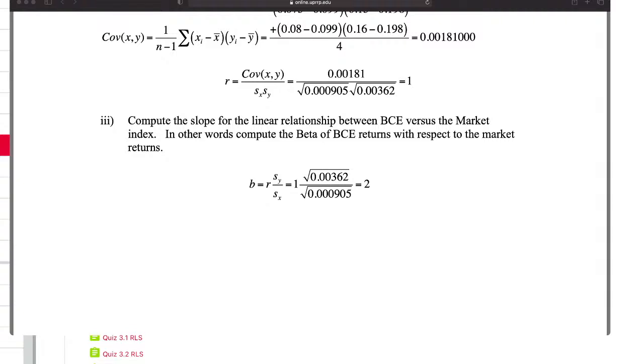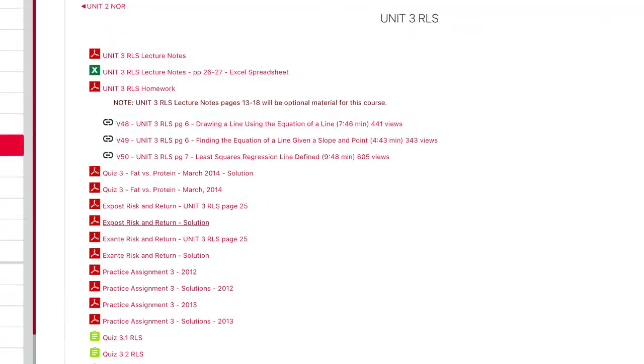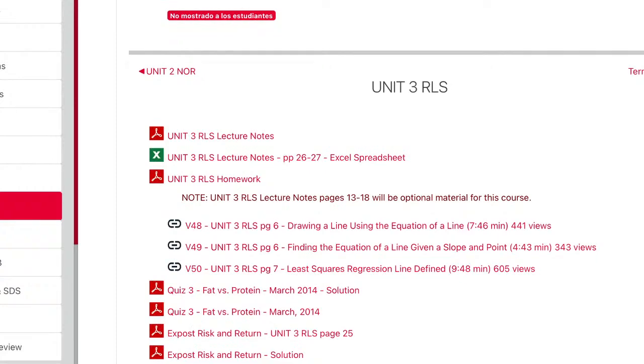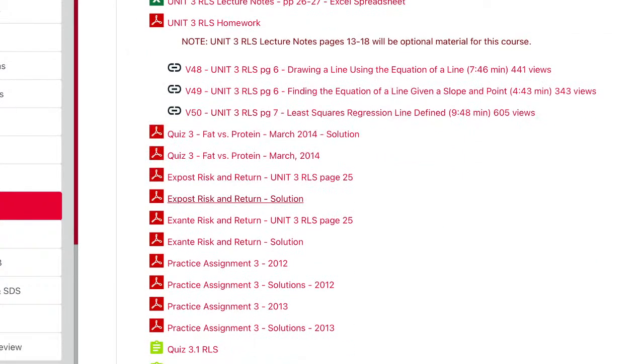So you should go through those, okay? You should go through those for both the ex post data and the ex ante data.